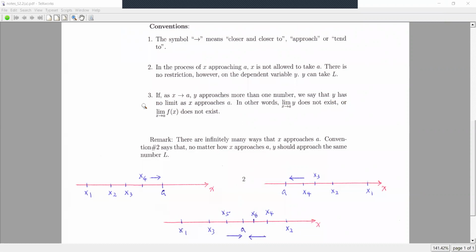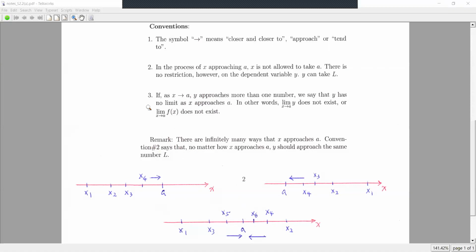This convention requires the limit of y to be 1 and only 1. When y, the dependent variable, has more than one limit, we say that y has no limit. Limits should be 1 and only 1.